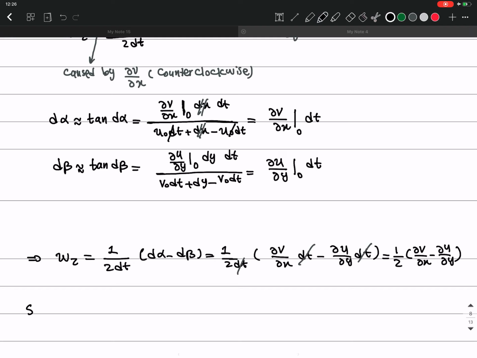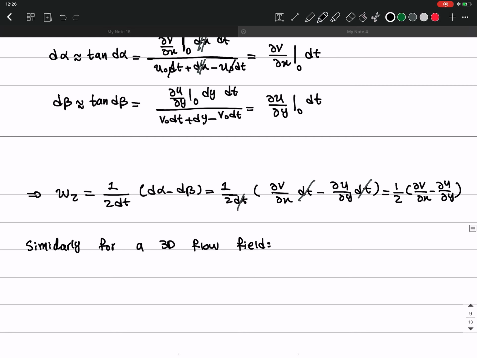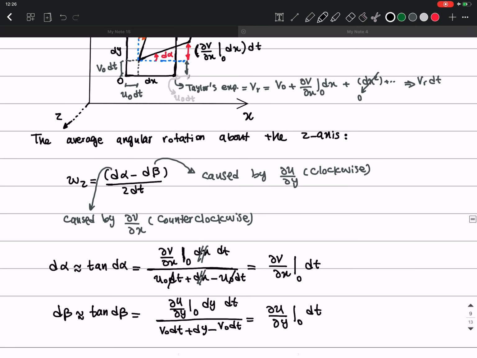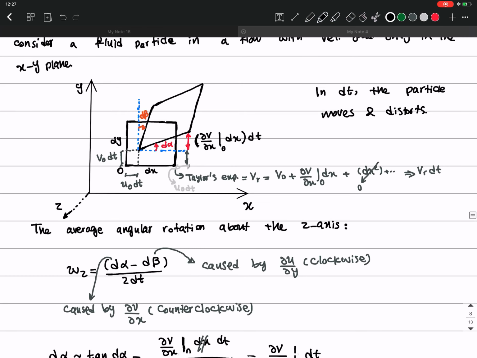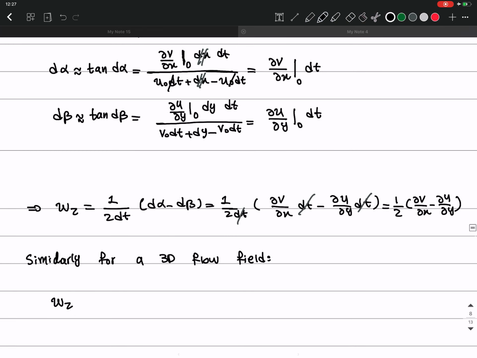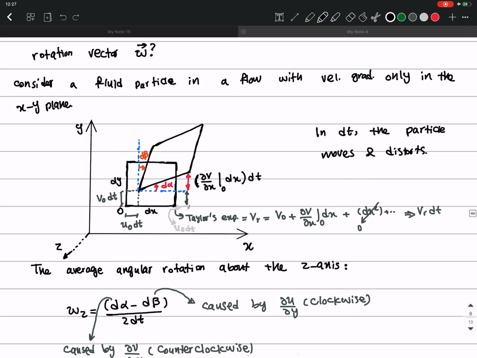This was for a 2D flow. Similarly, for a 3D flow field, this was only if the velocity gradients are in the x and y plane. What if they are also in other planes? ωz means the rotation around the z-axis.